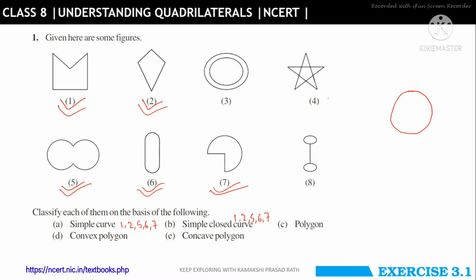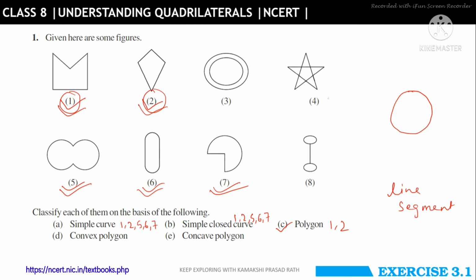The next one says which of them are polygons. Polygons mean any simple closed curve which is made up of only line segments. So a simple closed curve which uses line segments. From these 5 figures we can see only figure 1 and figure 2 are using only line segments. So figure 1 and 2 are the polygons.